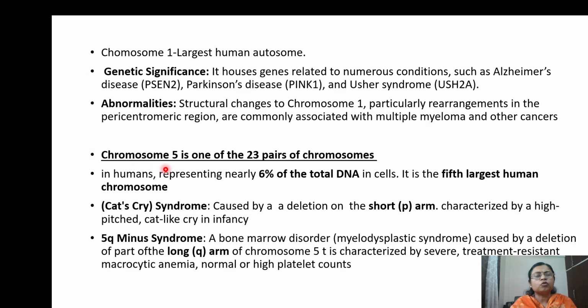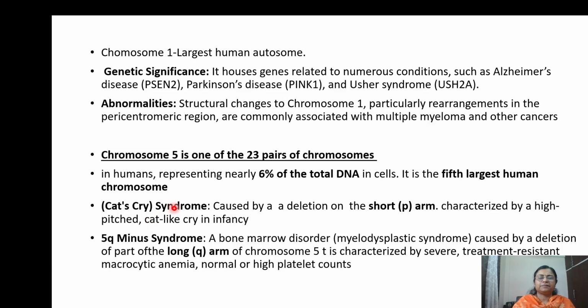So chromosome number 5 is one of the 23 pairs of chromosomes. What happens in the human? They represent only 6% of the total DNA, and this is the fifth largest human chromosome.